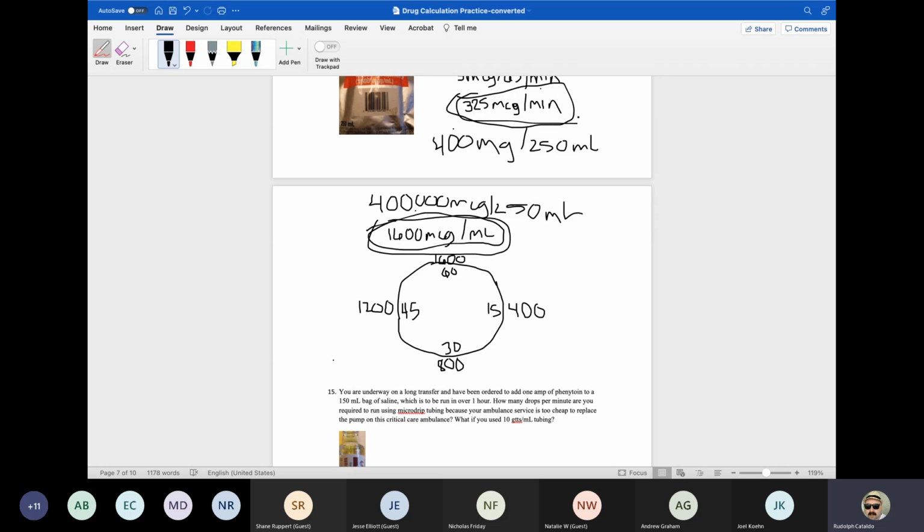They want me to give 325 of them. This is kind of where we have to look at this and go, okay, 325 is probably not too shy off of 400, because 400's right here. So 325 would have to be like right here somewhere.